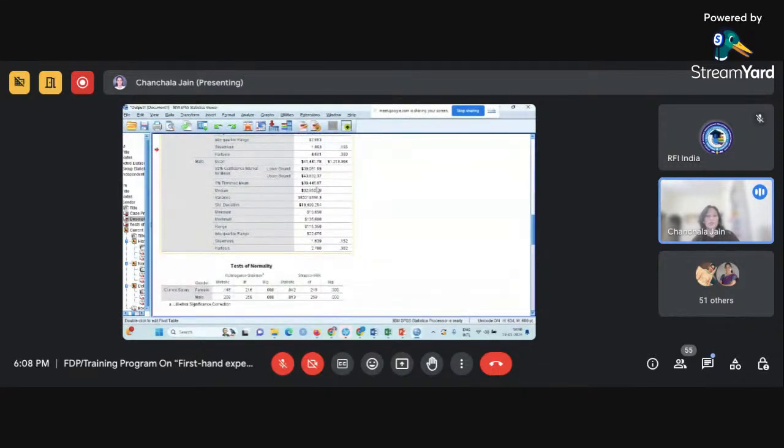Talking about normality using the Shapiro-Wilk test, we can check the significance value is less than 0.05. In that case, we cannot accept the null hypothesis for the Shapiro-Wilk test. And can anyone repeat what will be the null hypothesis for the Shapiro-Wilk test? Yes? Anyone?